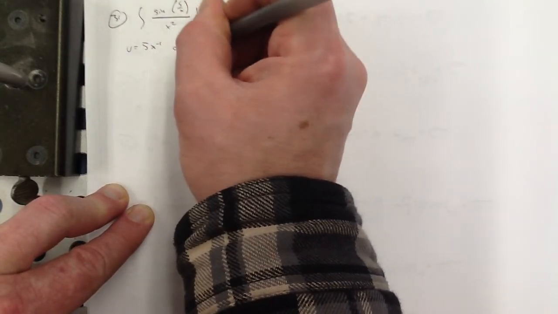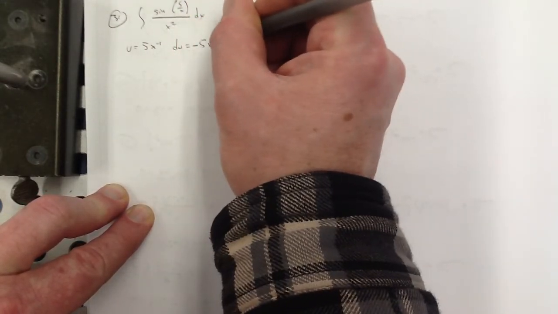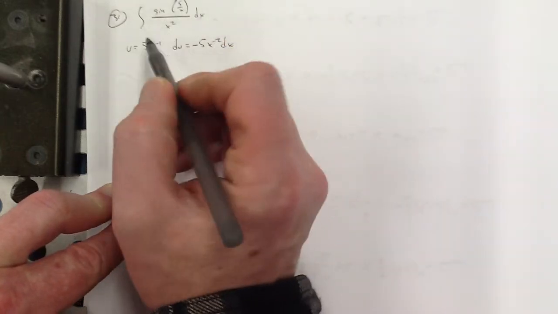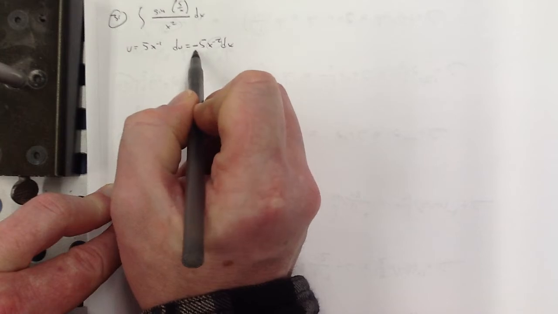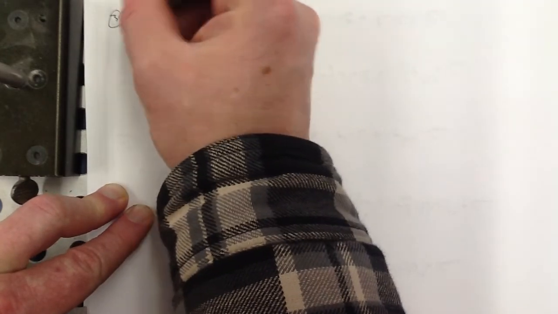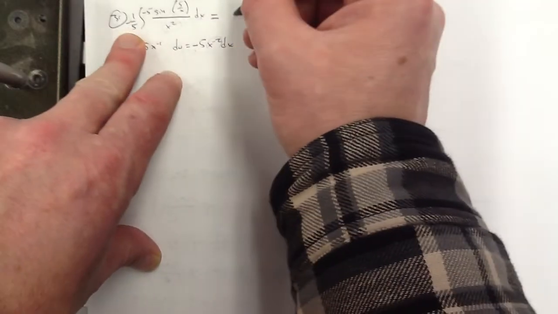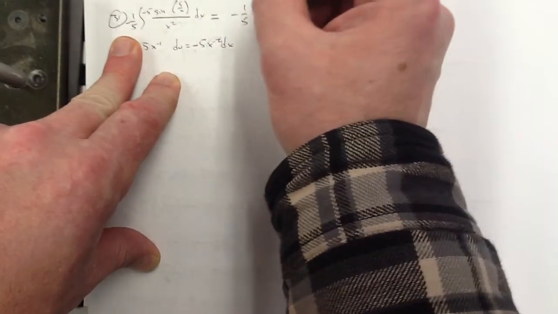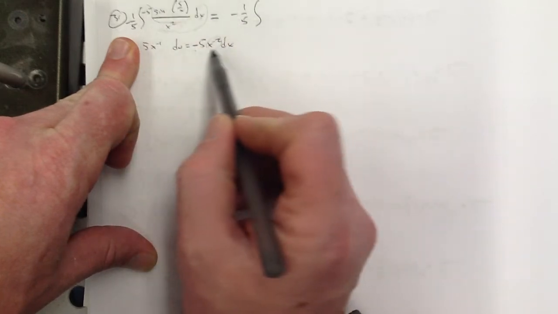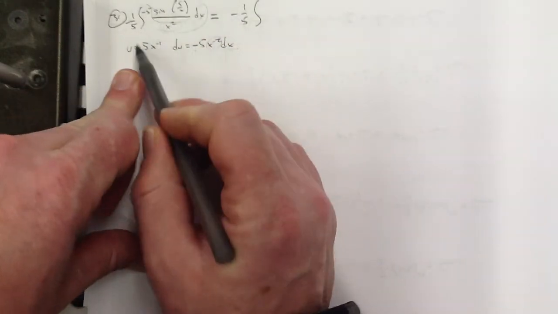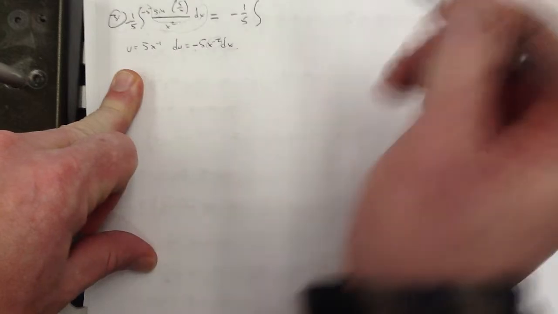So du would be negative 5x to the negative 2 dx, and that x squared on the bottom is the same as that. Need a negative 5, so got to balance that. So negative 1/5. All of this is the du, so it's just sine u du.